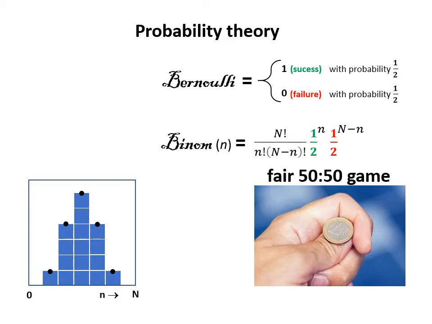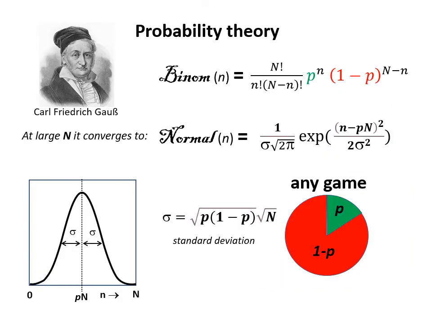In particular, for fair games, if we know that the probability of success is exactly 1/2, the binomial distribution looks like that. Very good. But the binomial distribution is a bit complicated for calculation and for understanding. Fortunately, at a large number of trials, it converges to the so-called normal distribution, or Gaussian distribution. And this Gaussian curve is quite well known even by people very far from science.